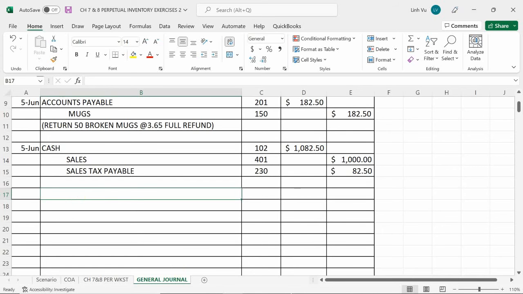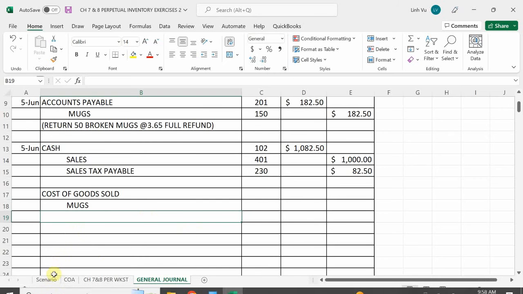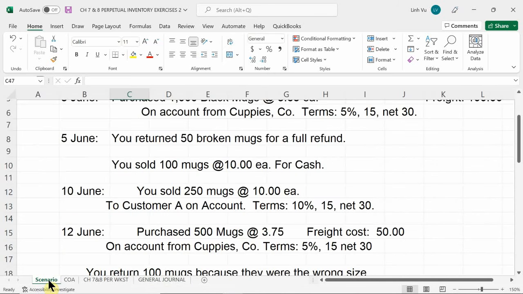Okay? Now, because we sold 100 mugs, we also need to calculate my cost of goods sold because this is perpetual inventory. We need to update my inventory immediately, right? So in this case, I'm needing to have a cost of goods sold. And where is that going to come out from? From my mugs account, right? Because I'm going to go from 950 to minus 100, right? Because I sold 100.